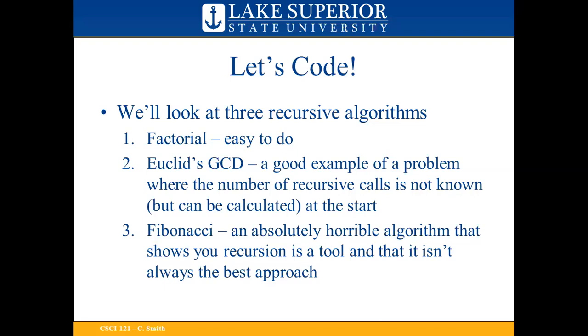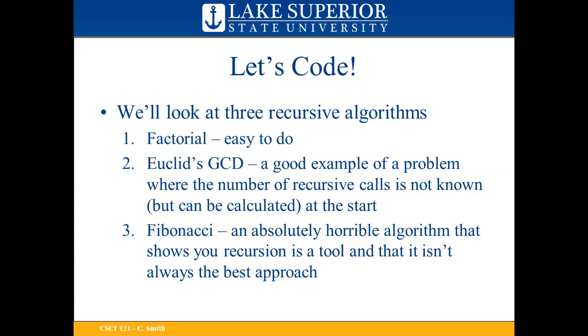For Euclid's GCD, you pass in 2 numbers, and I cannot guarantee you how many calls there are going to be. Now, I can calculate it, but sometimes calculating it in and of itself is solving the GCD problem. So Euclid's GCD is a really elegant little algorithm, and it's naturally recursive.